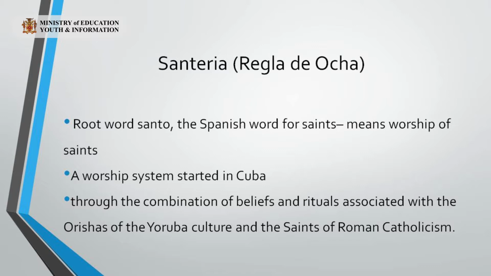Santeria is one of the Caribbean indigenous religions, and the name is derived from the root word santo, the Spanish word for saints. And this word means worship of saints. Santeria is a worship system which started in Cuba through the combination of beliefs and rituals that are associated with the Orishas of the Yoruba culture of Africa and the saints of Roman Catholicism.